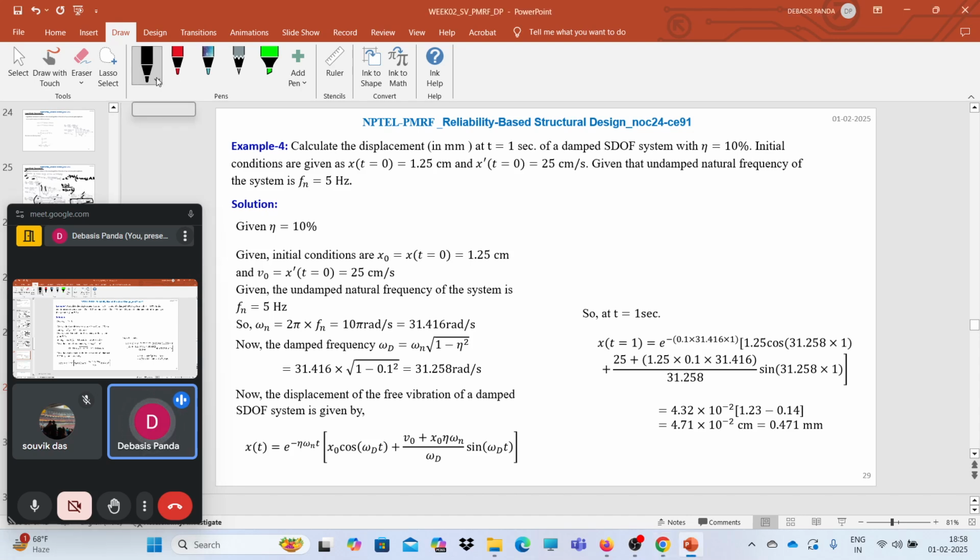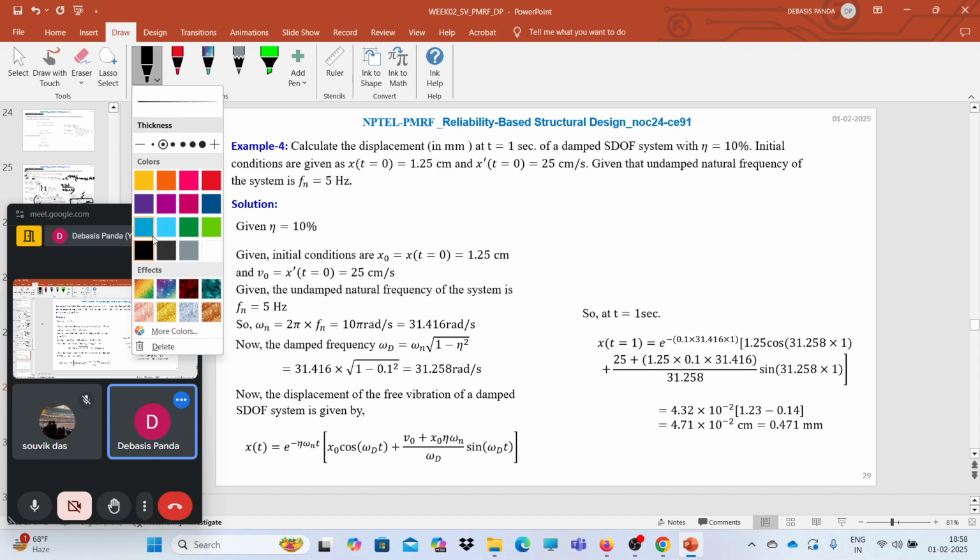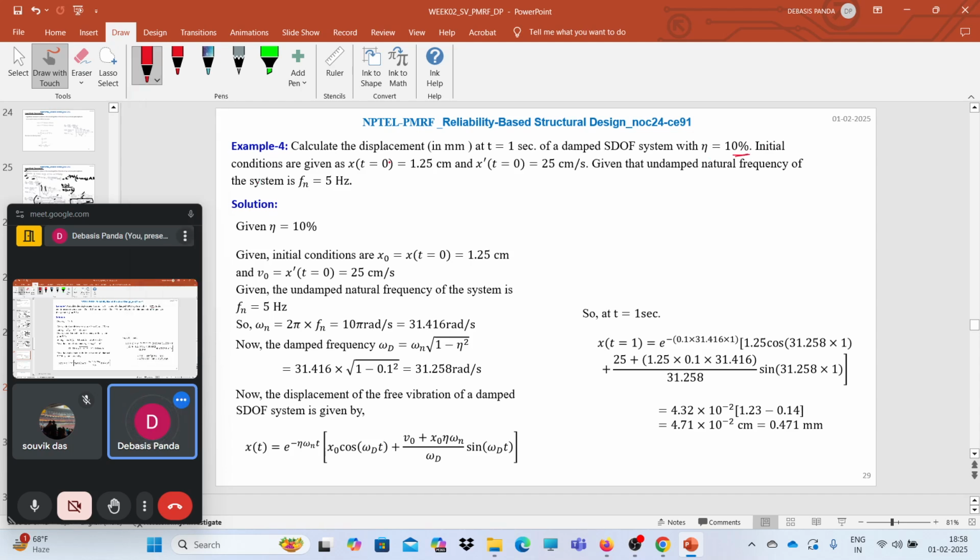Eta and zeta both represent the damping. So here zeta is 10%. The initial conditions are given. The initial displacement is 1.25 centimeter. Initial velocity is 25 centimeter per second, and the cyclic natural frequency is also given.